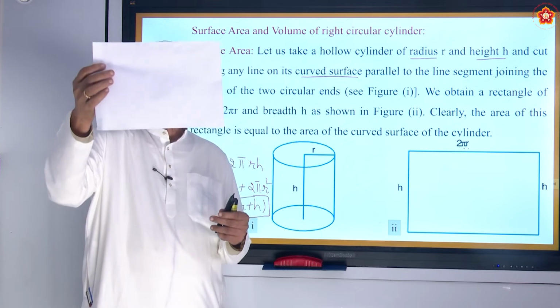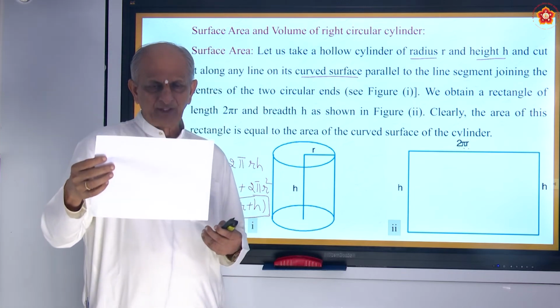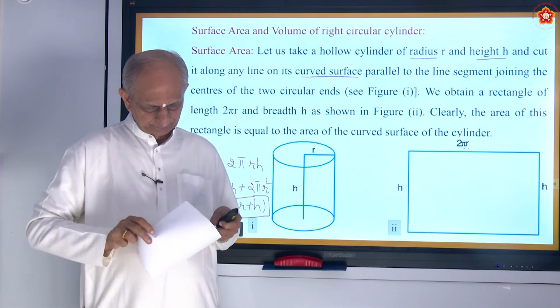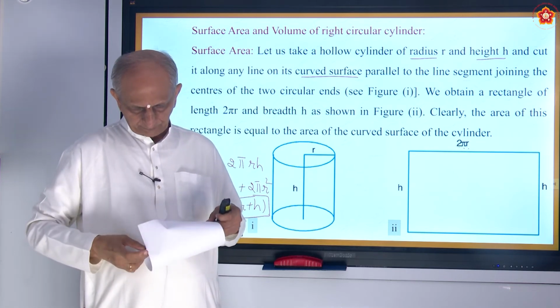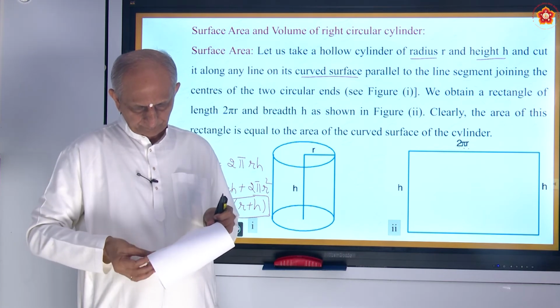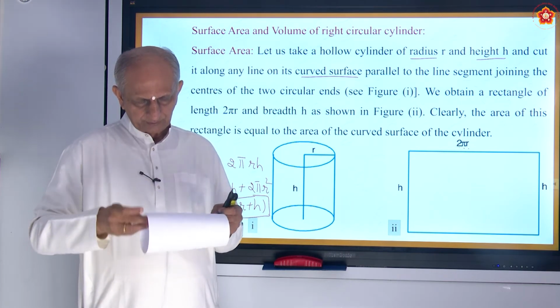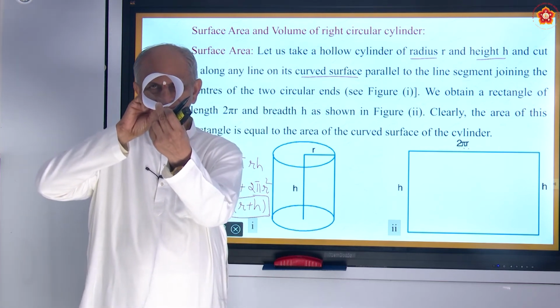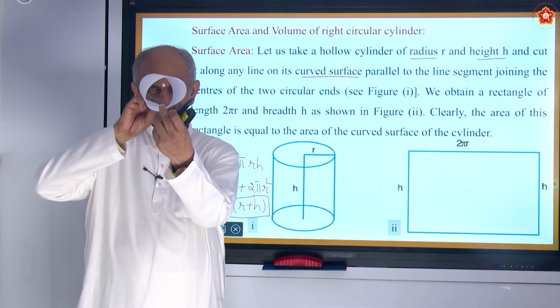So here is a rectangle, correct? We call it A4 size. Suppose you fold it like this, it becomes a cylinder. Are you seeing? It becomes a hollow cylinder, correct?